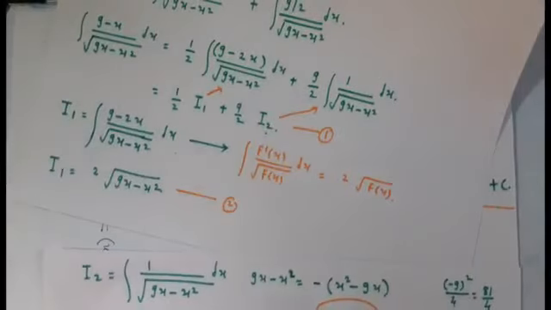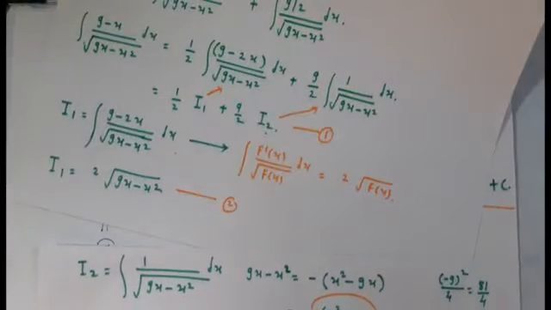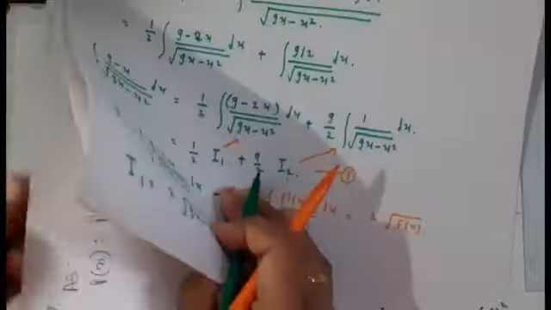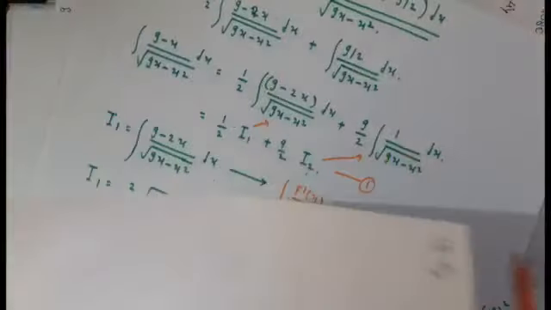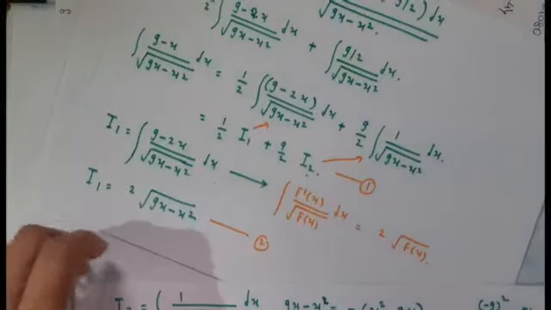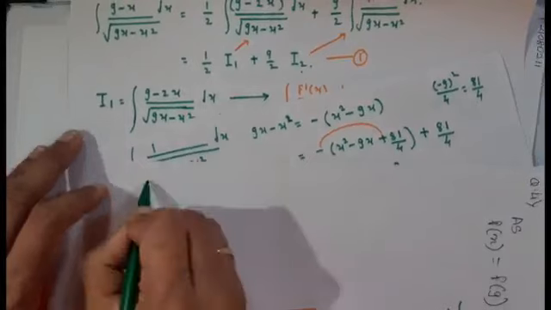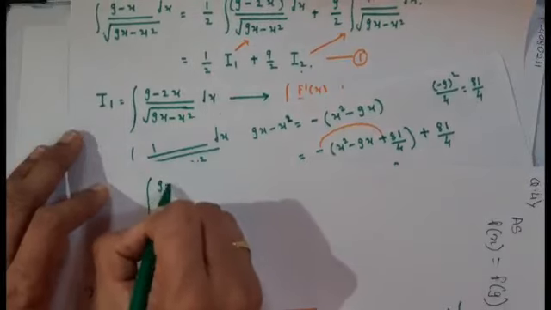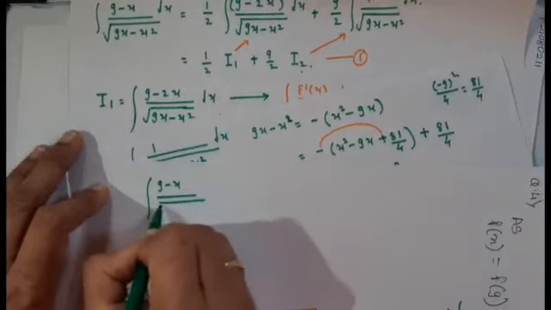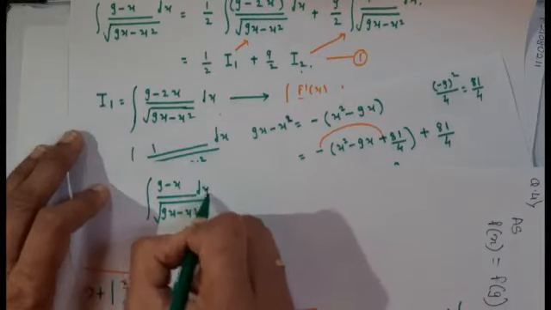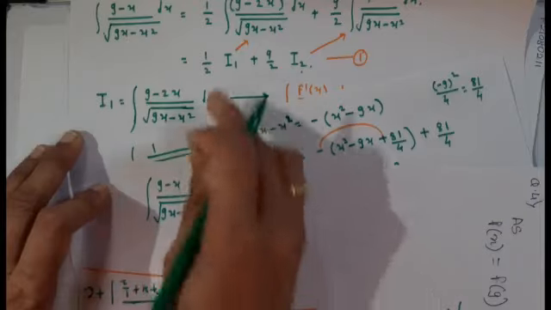We will get the integration of 9 minus x upon square root of 9x minus x square with respect to x equal to 1/2 I1.